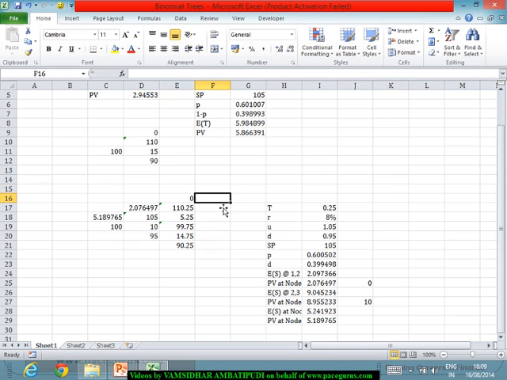Probably at this node, if I want to know the delta, it is nothing but change in the option premium divided by the change in the underlying stock price, which is giving me that the delta here is minus 0.5.